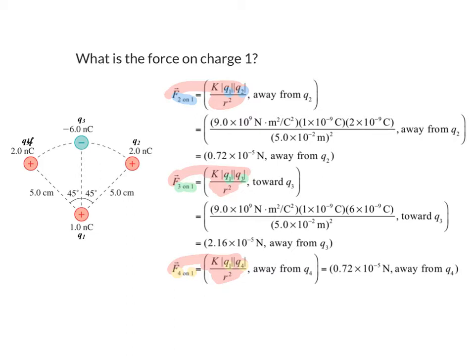Again, you might want to just space it out, fill in the blanks as you go, because I'm doing the qualitative, just what's the lay of the land in this puzzle. So let's think about why it's away or towards, etc. So force 2 on 1 is wanting to push along this line. You know, this is force 2 on 1. It wants to push away.